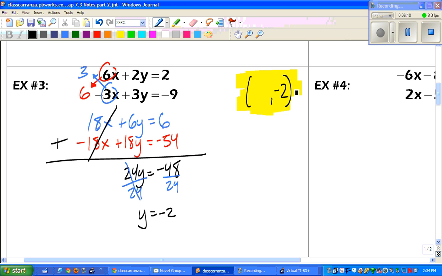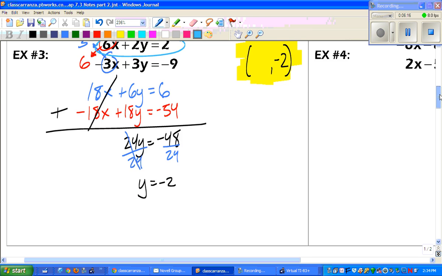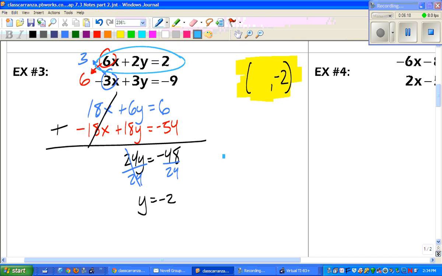So now we can use any of the original equations. I'm just going to plug it into the first one, okay? So that's 6x plus 2 times negative 2 equals 2. 6x minus 4 equals 2.